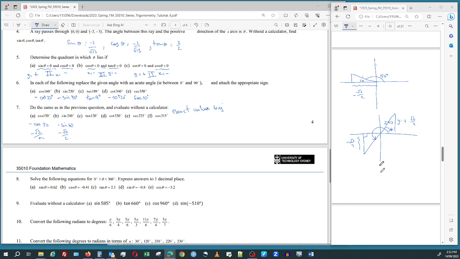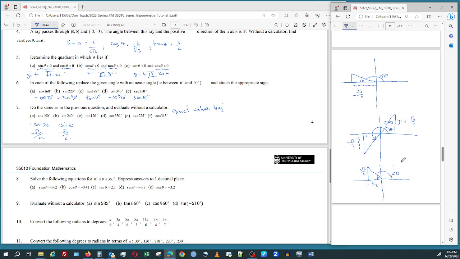Alright, so tan 120. Tan 120 is two lots of 60. So the base angle is 60 degrees. So that's root 3 on 2, and that's a half. Okay, so there's our base angle, there's our 120. Now tan is opposite over adjacent, so it's minus a half, isn't it?